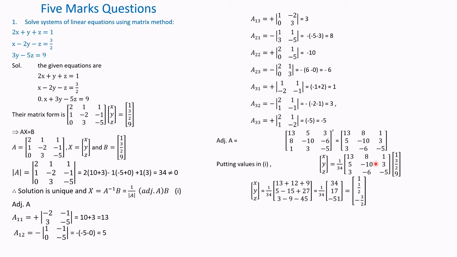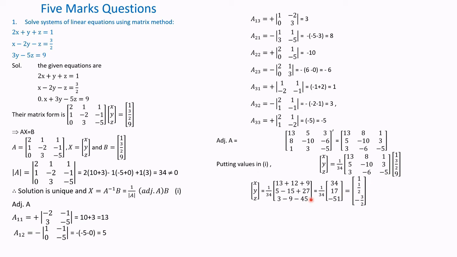Then row 2 into column 1, that is 5 into 1 is 5, minus 10 into 3 divided by 2 is minus 15, then 3 into 9 is 27. Then row 3 is 3, minus 6, minus 5, that is 3, minus 3 into 3 is 9, and minus 45.